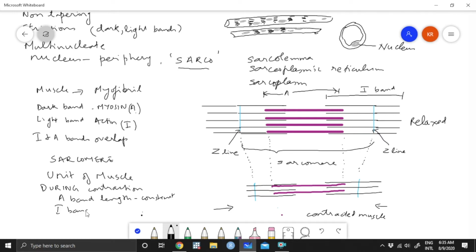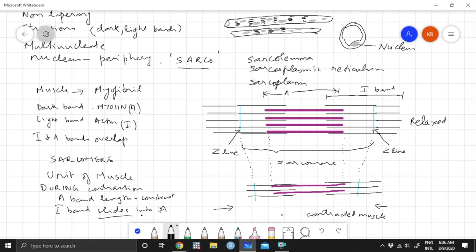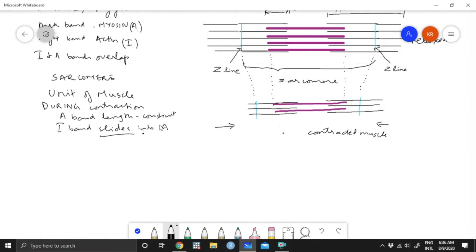I band slides into A or into myosin. This is why this is called as sliding contraction theory.